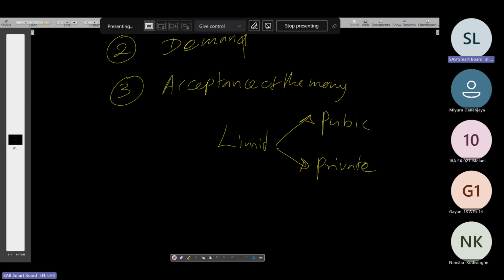If it is a private company, the main feature of the private company, according to the articles of association, is that a private company cannot invite the public to purchase the shares. So, in simple terms, a private company cannot offer shares to the public. The most suitable word is invite.